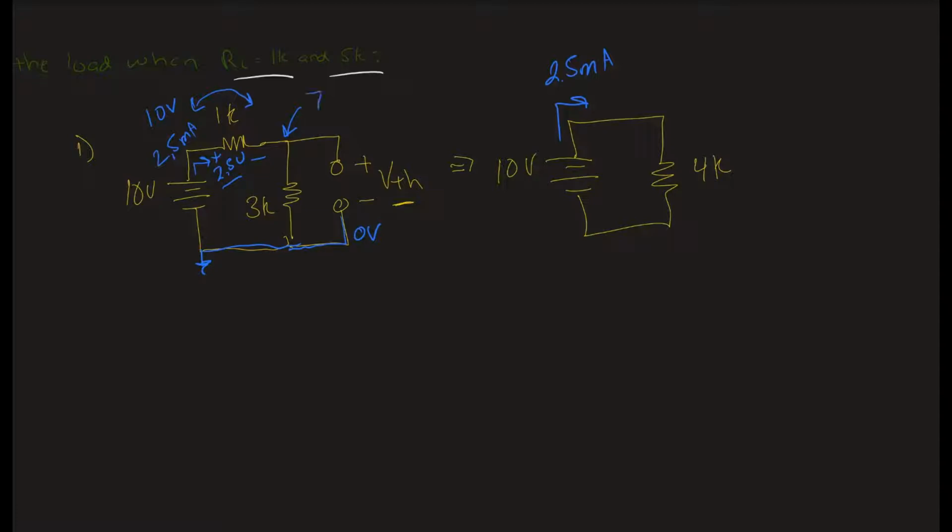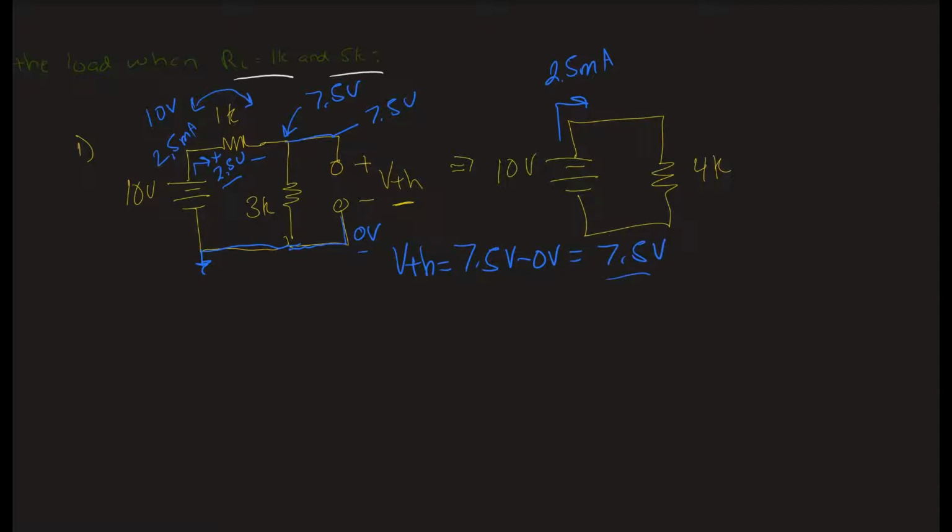So that means the voltage here must be 7.5 volts. And notice, this is just a wire. So if it's 7.5 volts here and 0 volts here, then the difference across our Thevenin is 7.5 volts minus 0 volts, or 7.5 volts. So that's it. We've done step one.